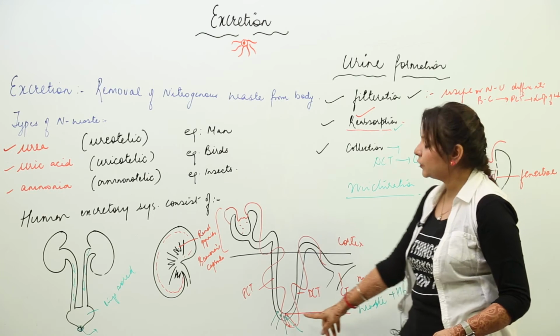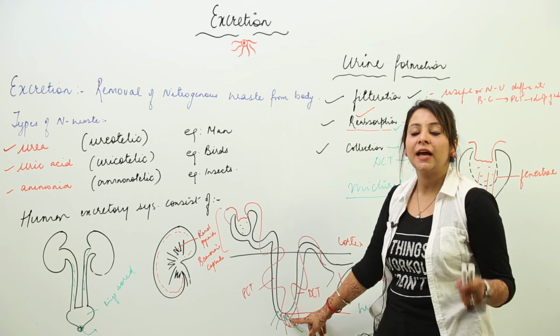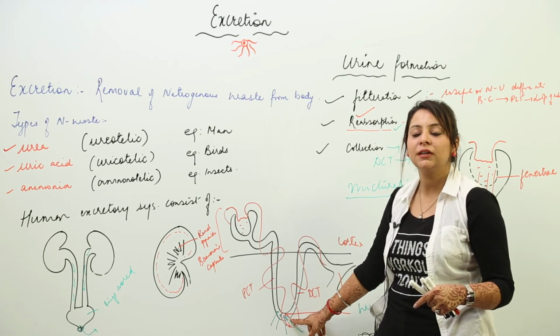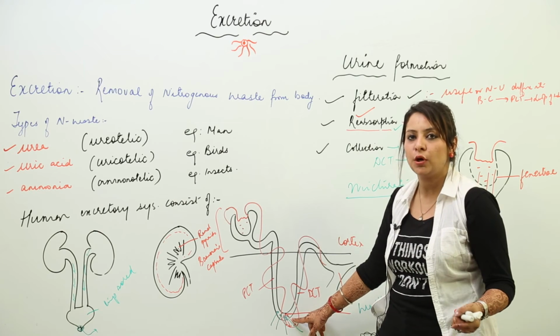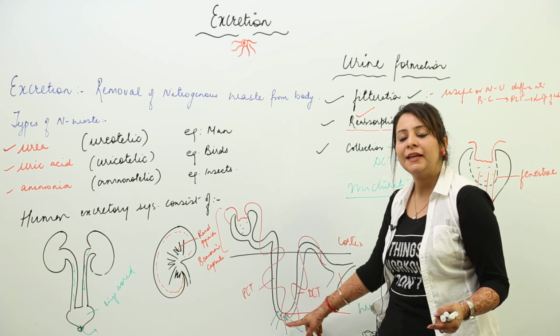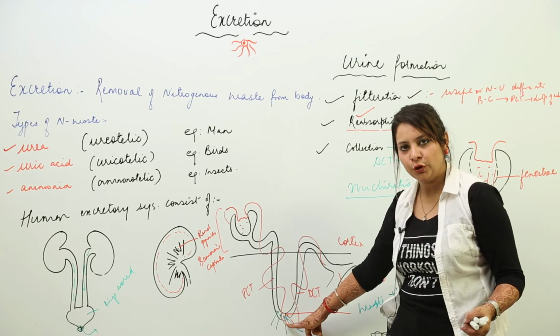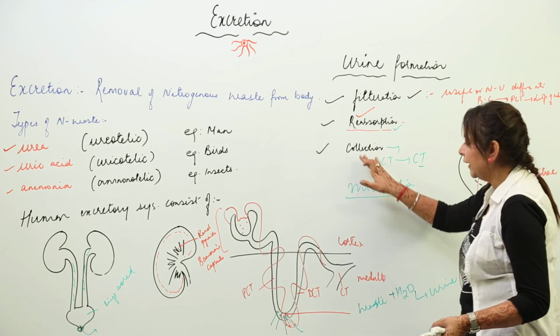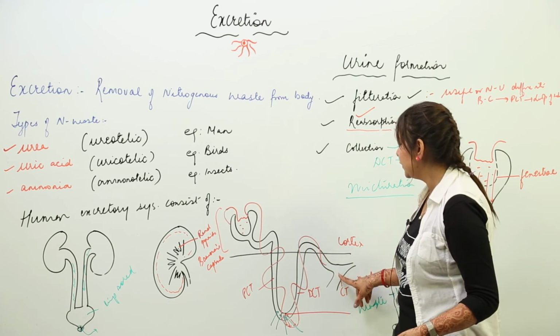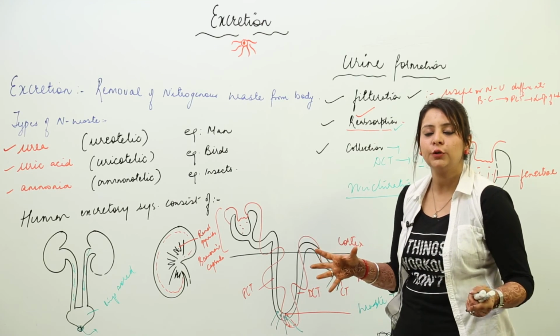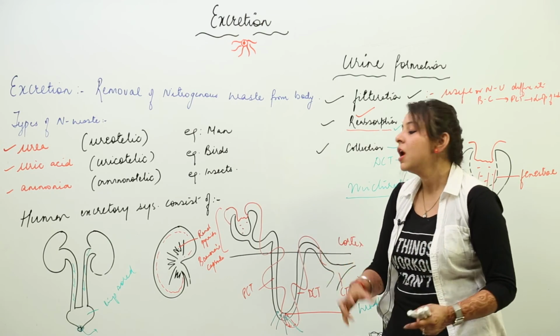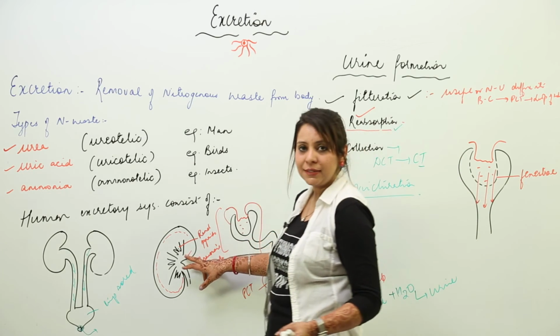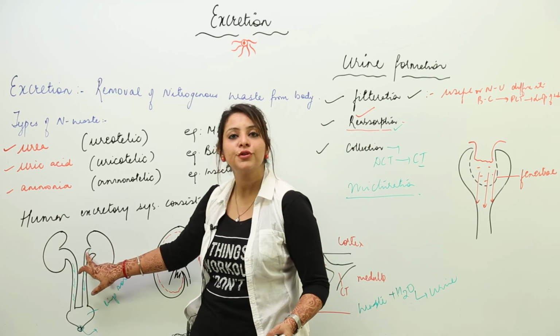Next, reabsorption. All the substances which reach here in the loop of Henle, and out of that, those which are useful or can be used by your body, are put back into the capillary blood. The leftover is waste; in this region water absorption takes place, and so it forms urine. Third, collection: urine forms from the DCT to the CT, small CTs of different nephrons unite to form bigger and then still bigger ones, and finally they form renal pyramids, and through the renal pyramids they pour their secretion into the ureter.